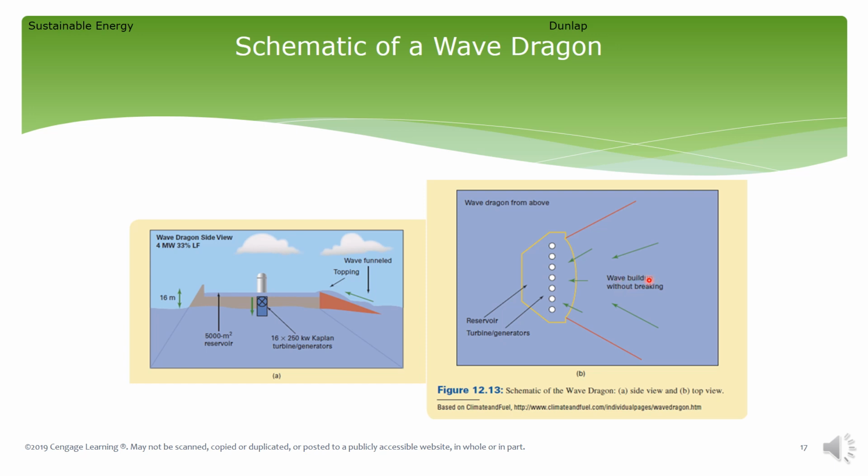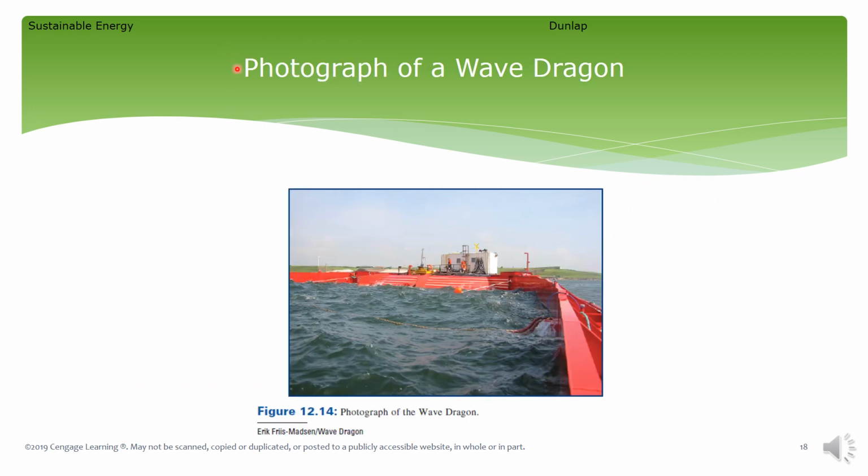So the wave builds up and comes into here, and this is a water reservoir, and there is a turbine and generator. So as the wave goes up and comes down to here, it operates the turbine and produces electricity. This is a photograph of a Wave Dragon.